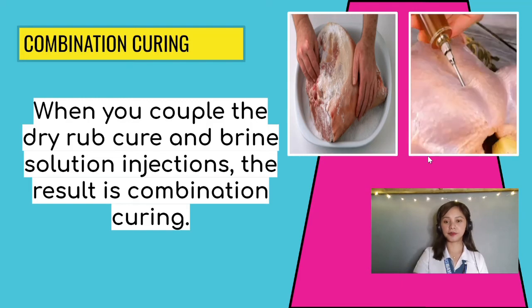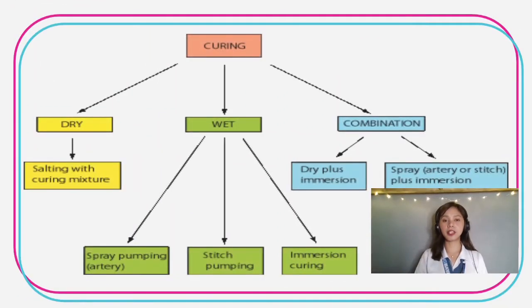Okay, none. So, let us summarize it. We have defined what curing is. By using different ingredients, either dry ingredients or liquid ingredients, it helps in prolonging the shelf life of meat. So we have three methods: the dry curing, the wet curing, and the combination curing. In the dry curing, you're only using dry ingredients and you are dehydrating the moisture content of the foods.